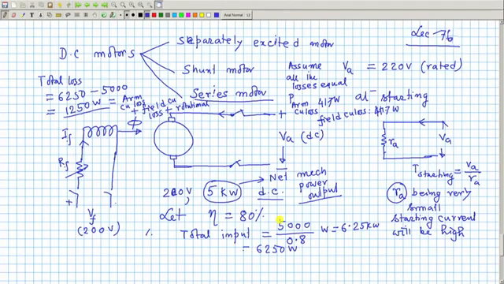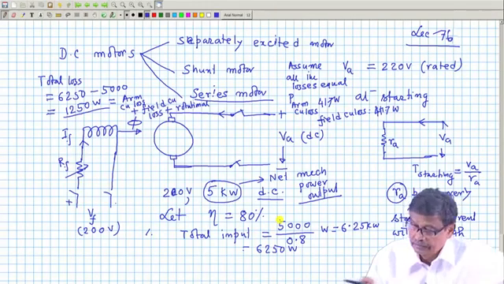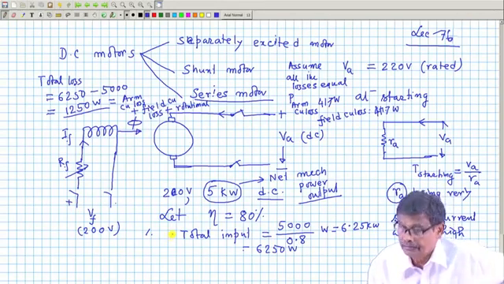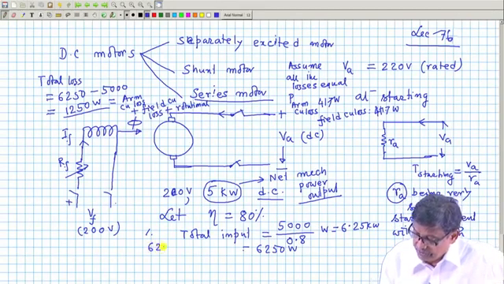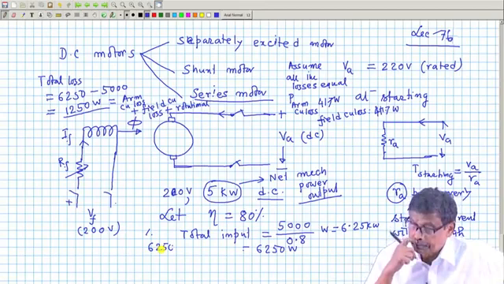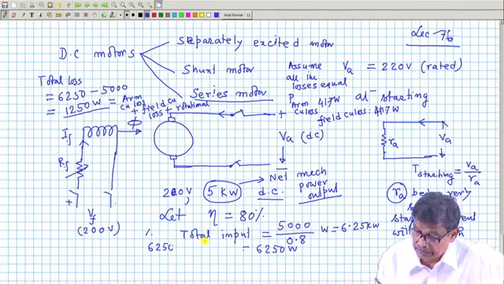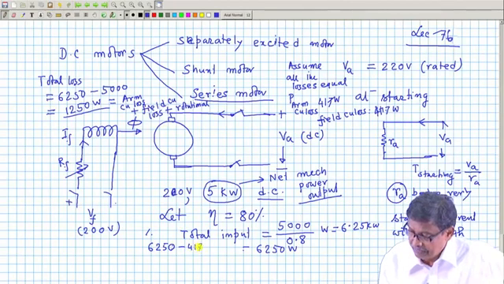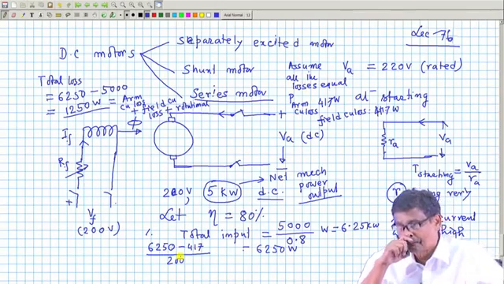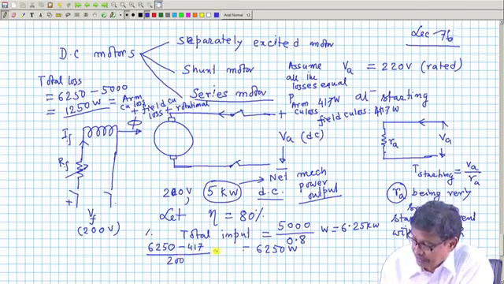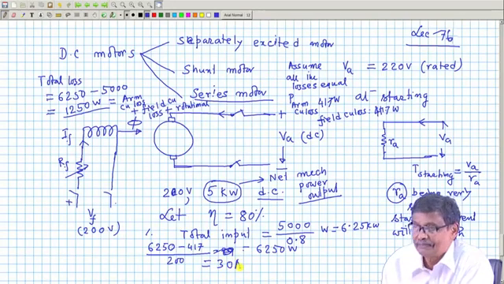So it is 6250 minus the field copper loss, which is 417, divided by 200, which gives 29 ampere, say 30 ampere, the armature current.